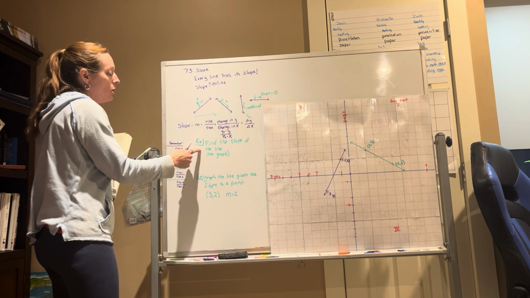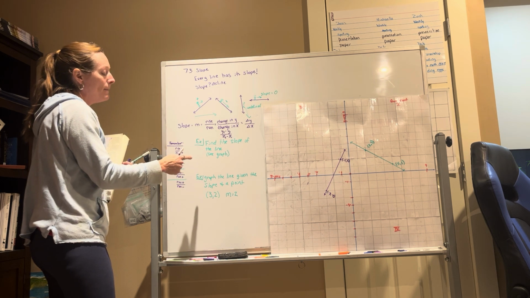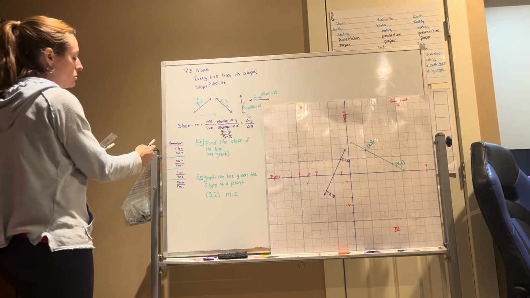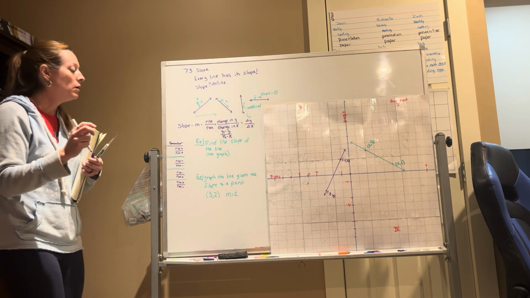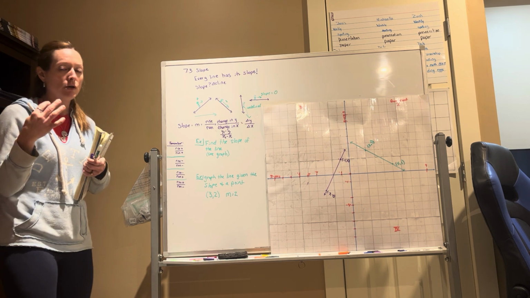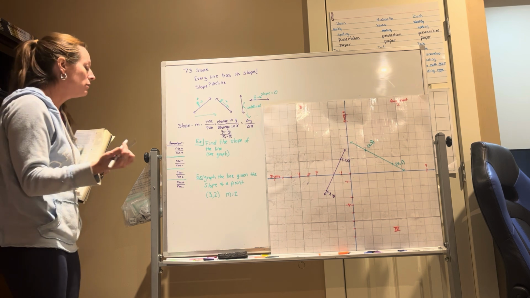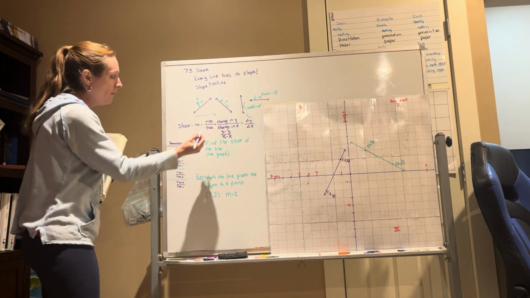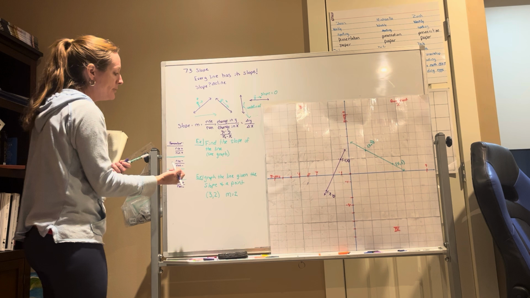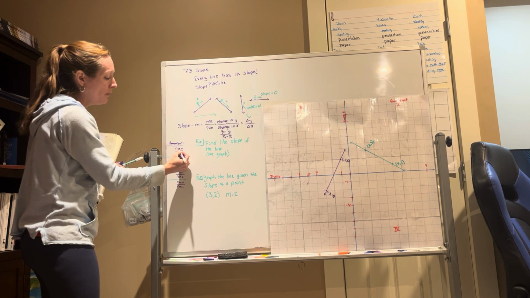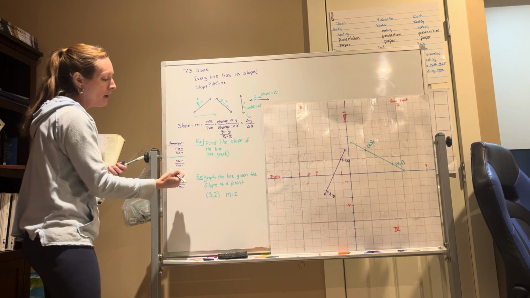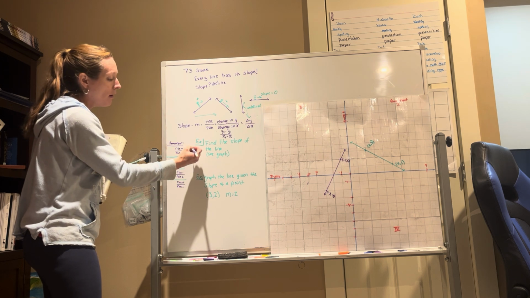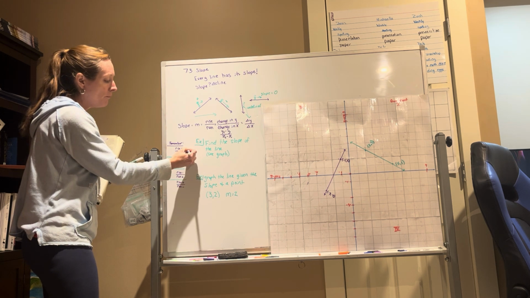So to find the slope of the line, actually let's go back and remember division rules. Remember, a fraction is just a picture of division, okay? So if you have change in y over change in x and you end up with a positive rise over a positive run, you'll end up with a positive number.